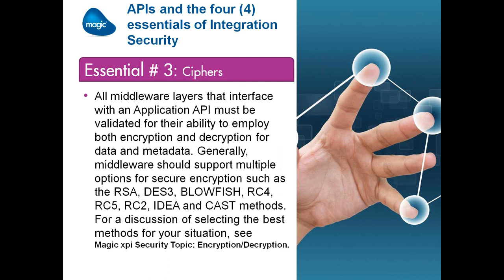All middleware layers that interface with an application API need to be validated for their ability to employ both encryption and decryption for data and metadata. Generally, middleware should support multiple options for secure encryption, such as the ones shown here.